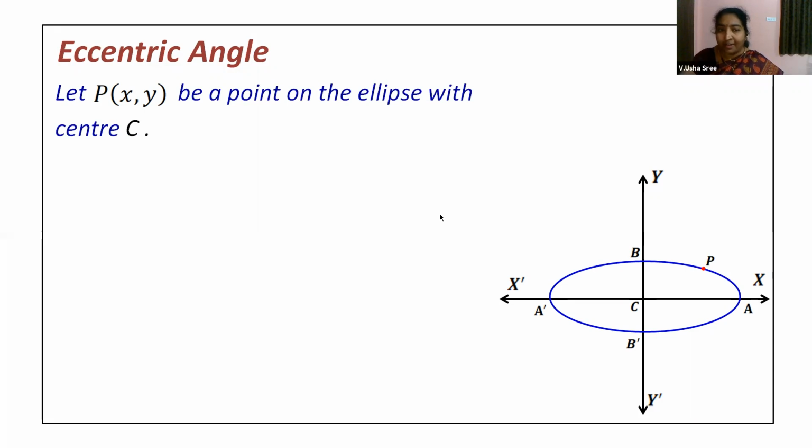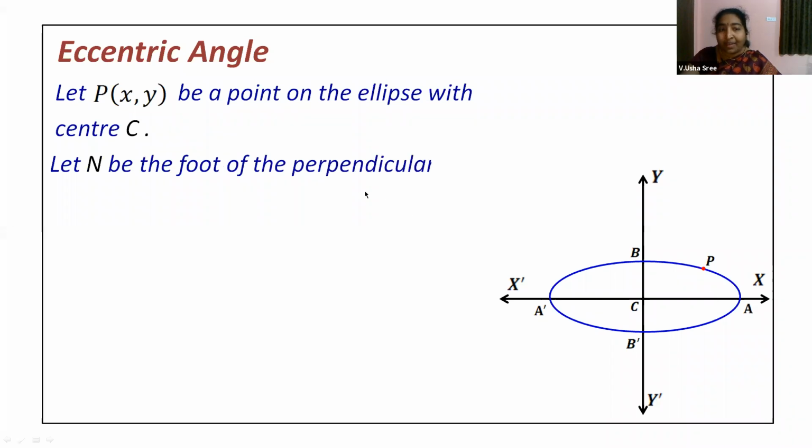Look at this, children. Observe the diagram carefully. Then let N be the foot of the perpendicular from P on the major axis.